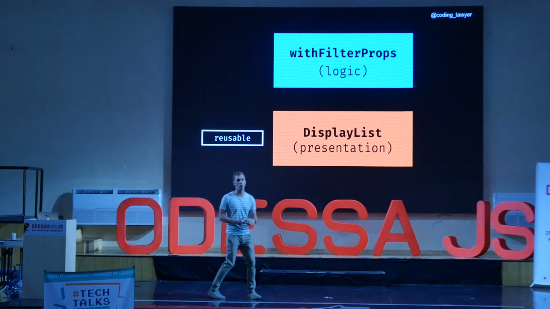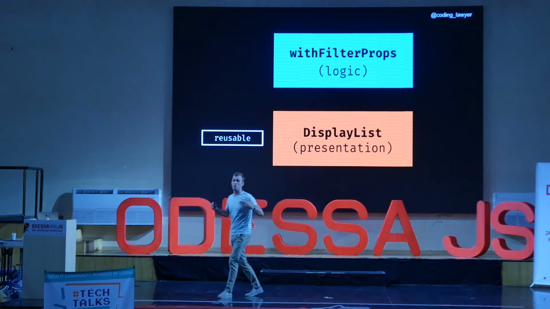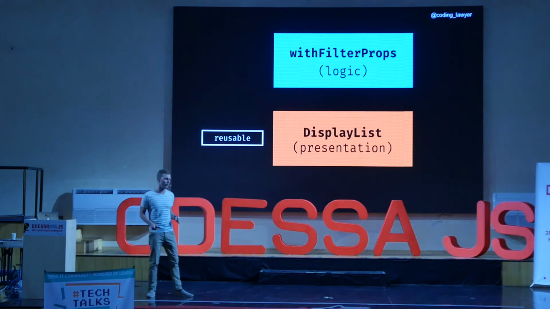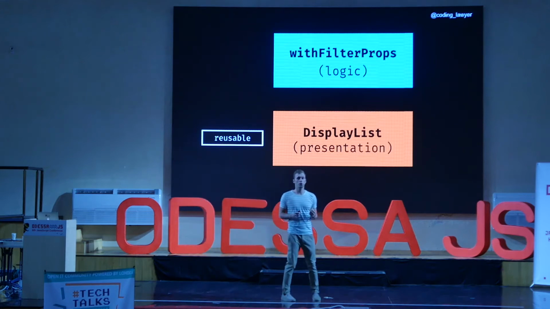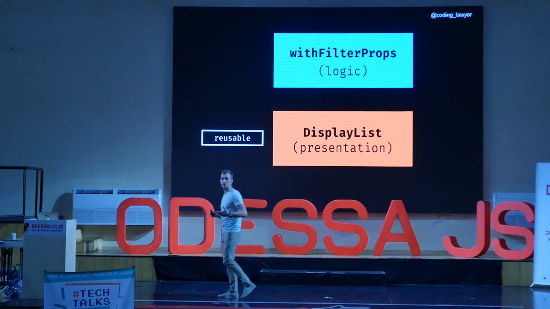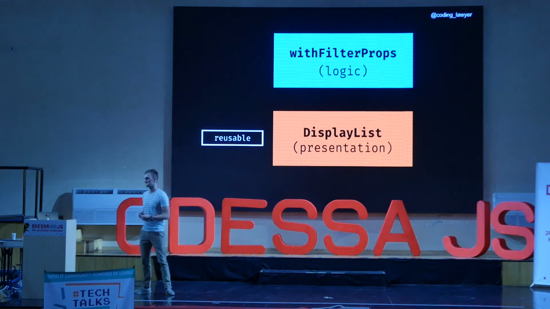And this is the power of the higher order components. You can think of them as wrappers for your presentational components that let you inject a piece of logic to your component. And if you stick to this pattern, you don't need to define your base component as classes anymore, because they take care only of the UI.